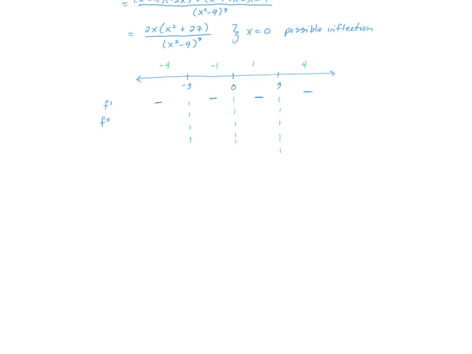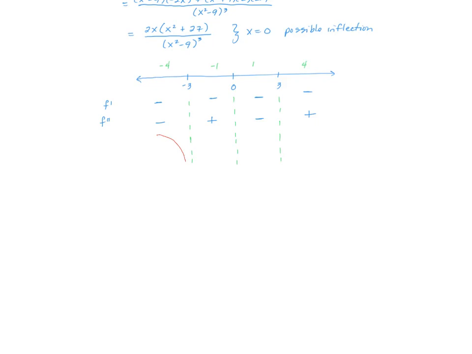If I put the test points into the second derivative, I'll end up with a negative, positive, negative, positive. So let's think about this and see what it looks like. Well, from -infinity to -3, it's going to be decreasing concave down.